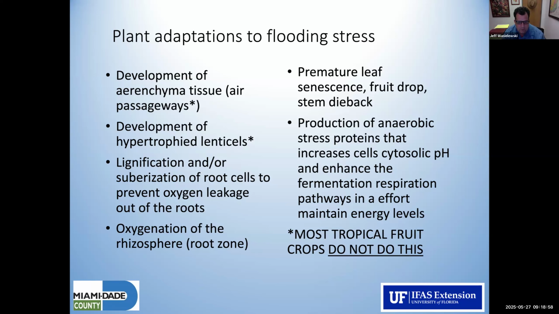Oxygenization of the rhizosphere root zone. Then you have premature leaf senescence, fruit drop, stem dieback. So it's trying to drop things so it can hold on. Production of anaerobic stress proteins that increases cell cytosolic pH and enhance the fermentation respiration pathways in an effort to maintain energy levels.